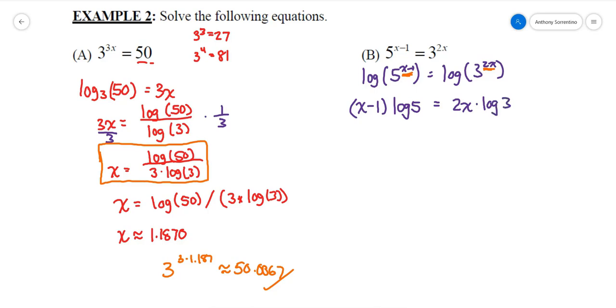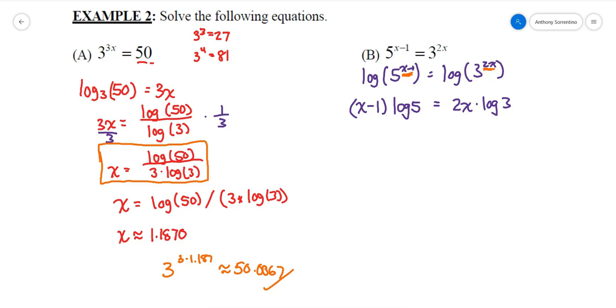Where students have some difficulty with this is, they want to start evaluating and say, okay, the log of 5 is this, the log of 3 is this, put an approximation in. We're still awfully early in this solution process. If I'm putting numbers in and already rounding into 4 decimal places, then if I have a couple more steps to go, the next step I'm going to have some more stuff that needs to be done, and I'm going to be rounding yet again to 4 decimal places.